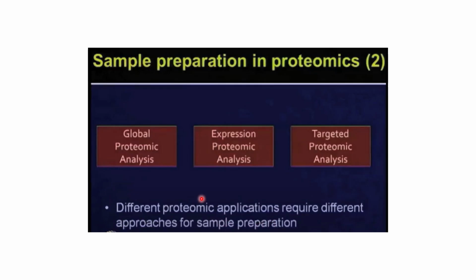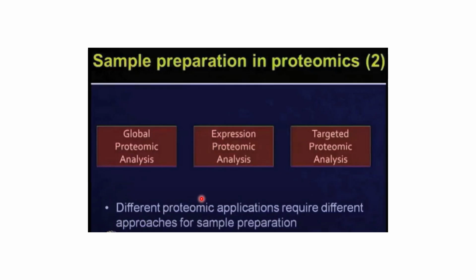So if you're trying to study global proteomics, global indicates the holistic way of understanding the proteins inside a cell or inside an organism. No matter what type of protein it is, you just want to understand all the proteins present in the sample, whatever the function of that protein might be.